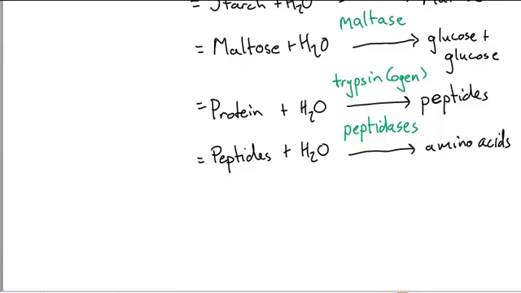Now, if you're keeping track, we had 4 major classes of biological molecules, and we've gone through the carbohydrates and the peptides, and what else is going to need to be digested? If you came up with fat, you are correct.